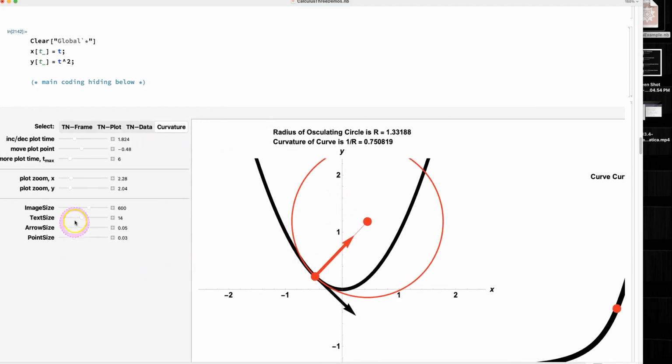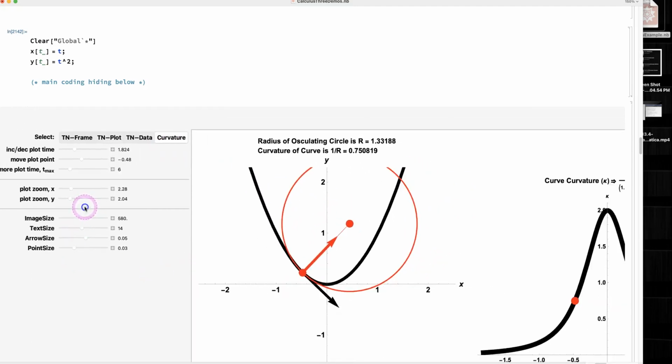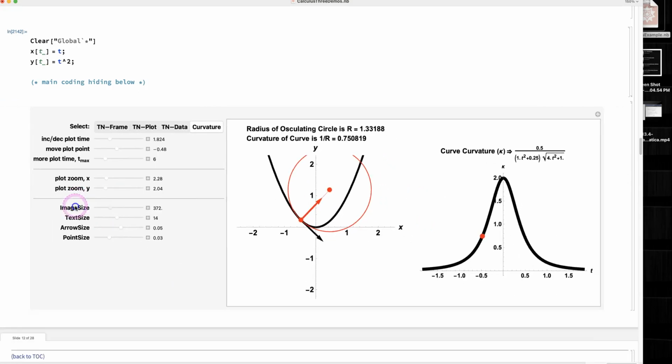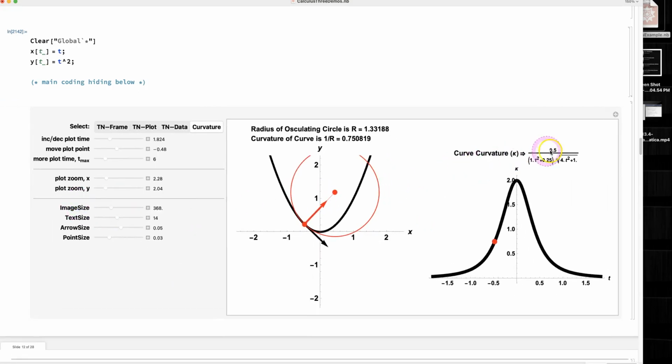Let me see if I can make this so I can get both of these plots on the screen at the same time. If you did the normal component of acceleration divided by the speed squared, you get a function. Here is the plot of that function. Now if we start moving the point around, we can see that the maximum curvature occurs right here, which is at the vertex.